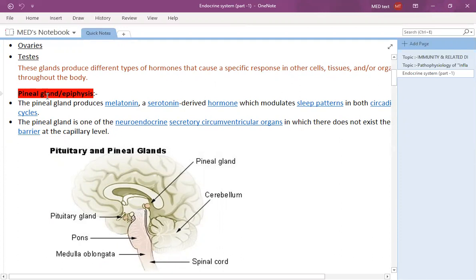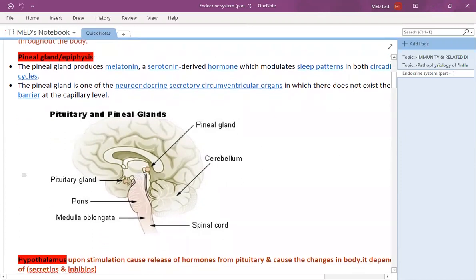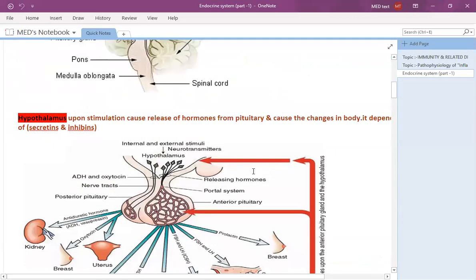Note the point, pineal gland is also called as epiphysis. All right. So it's located over here, like you can see, between both of the thalamus.